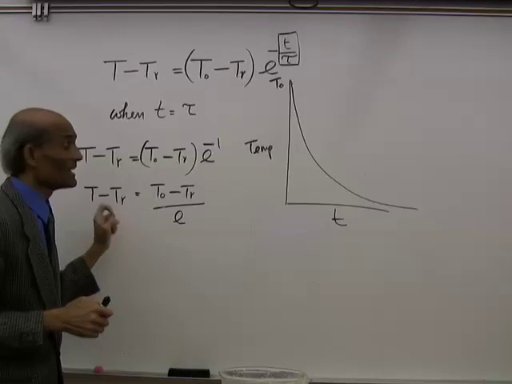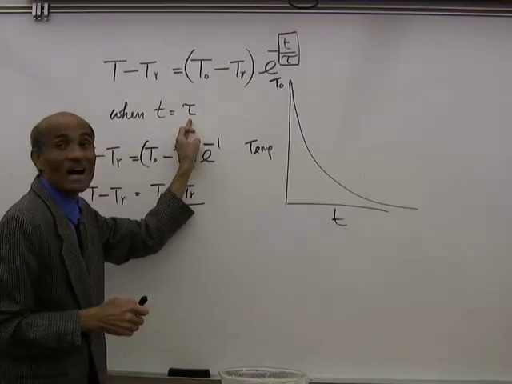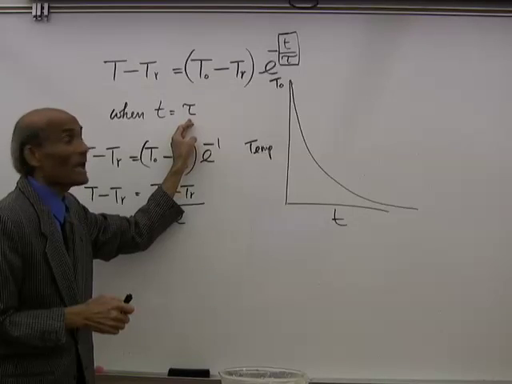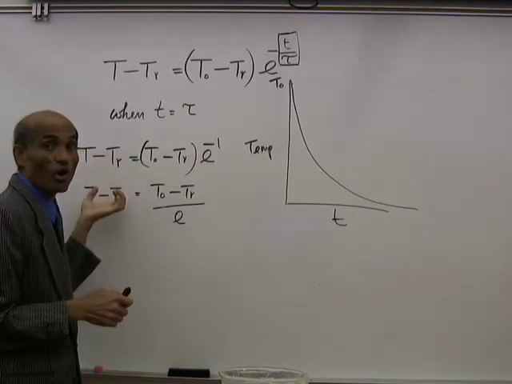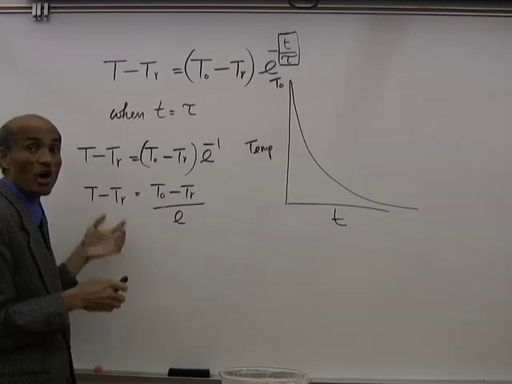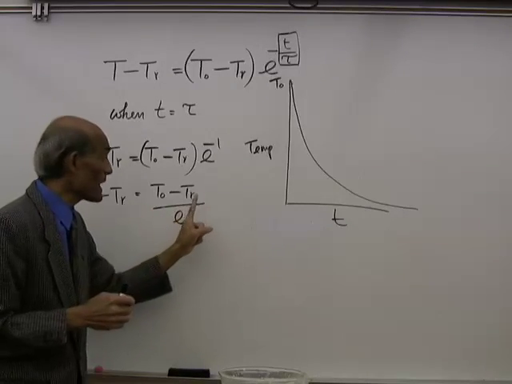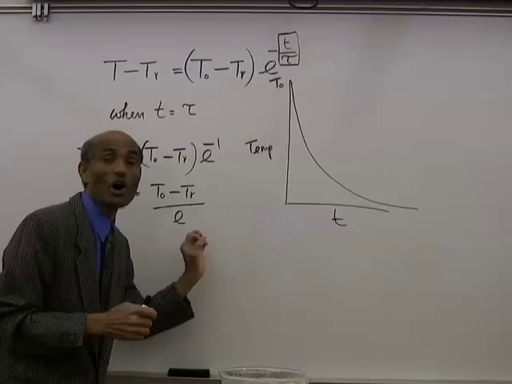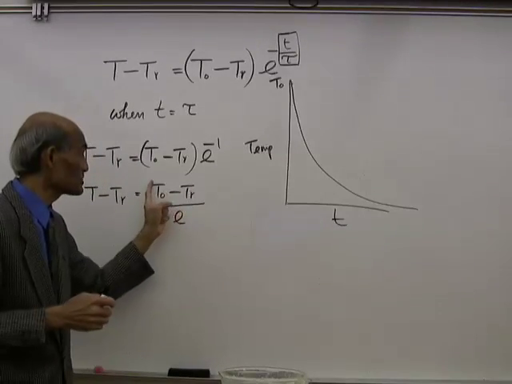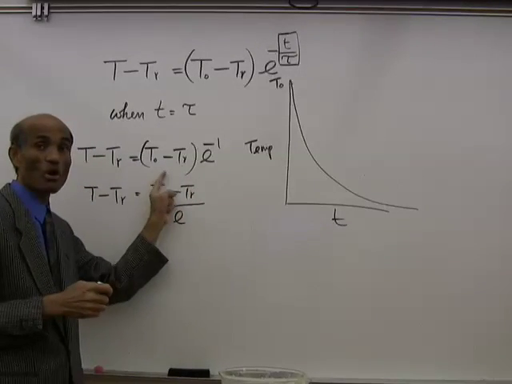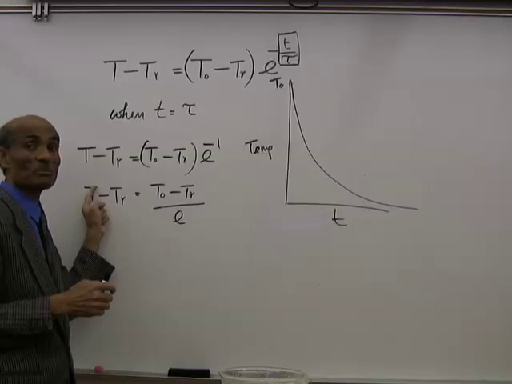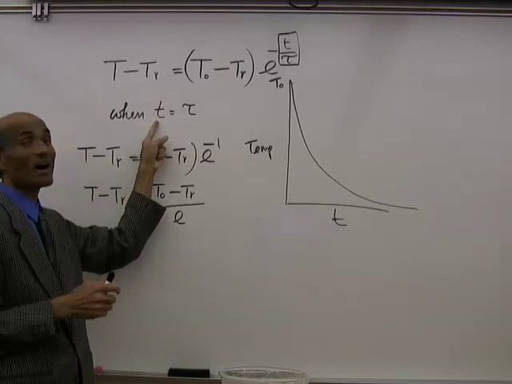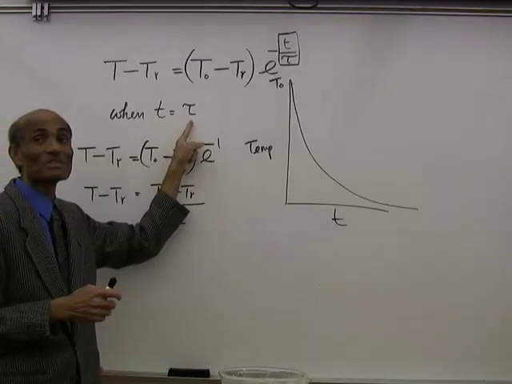You notice that the time constant is the time taken for the temperature to drop by how much? By 1 over e of the original value. You see, T0 minus TR is the original excess temperature. And this is the excess temperature after a time t equal to tau.